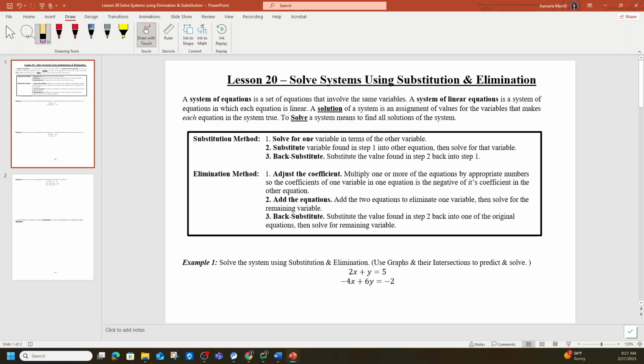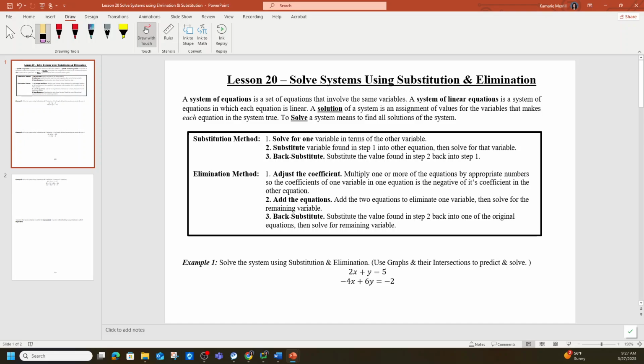Okay, substitution method. We are going to solve for a variable, starting with a two variable equation, and then take it and substitute it into the other equation, the variable you found in step 1. At that point, everything should be in terms of one variable. So again, if I solve for y, I substitute it in for my y, and everything should be in terms of x.